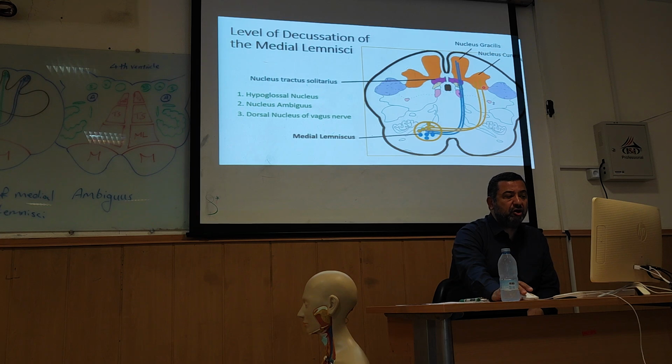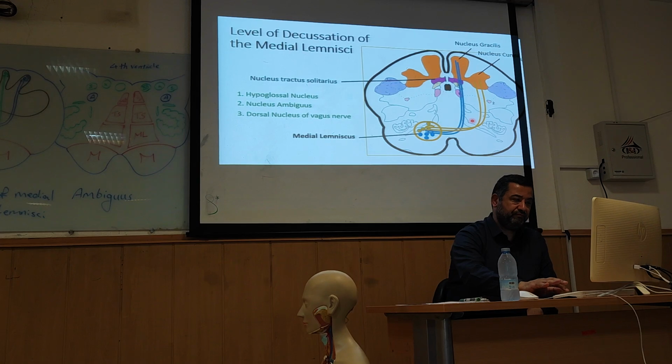These fibers are called internal arcuate fibers. These internal arcuate fibers on the opposite side make the medial lemniscus. And in this section, we can see decussation of medial lemnisci.